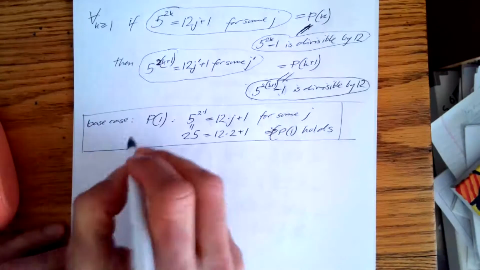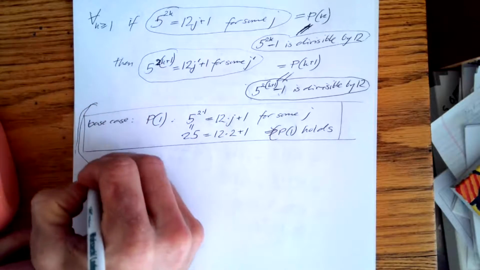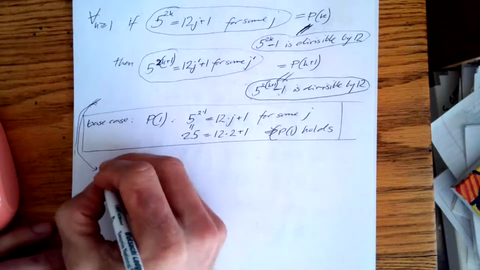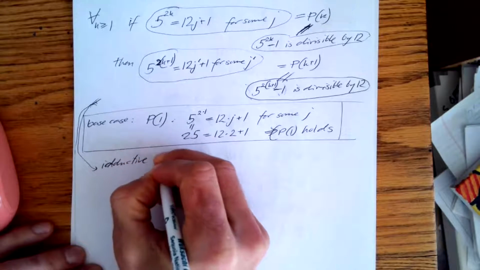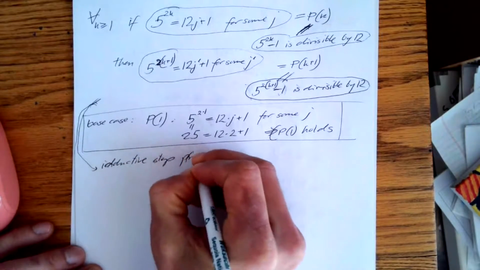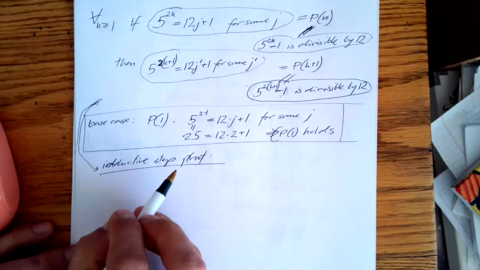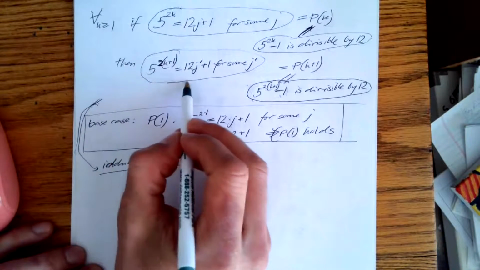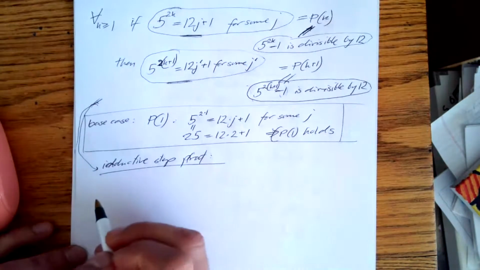Okay, so let's go back. The base case should somehow be before. And let's do the inductive step proof. This is what we need to prove, and this is our inductive hypothesis.